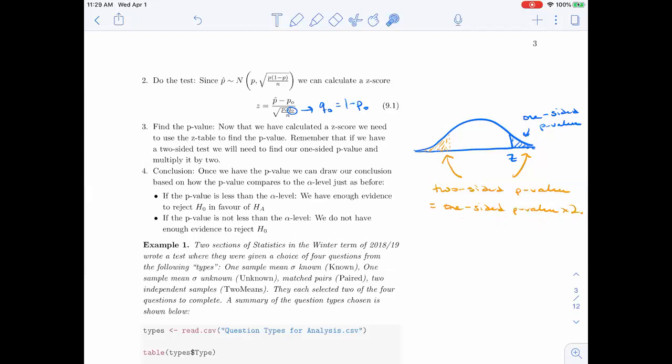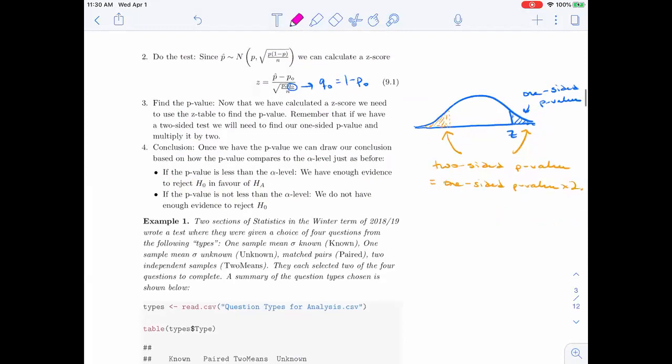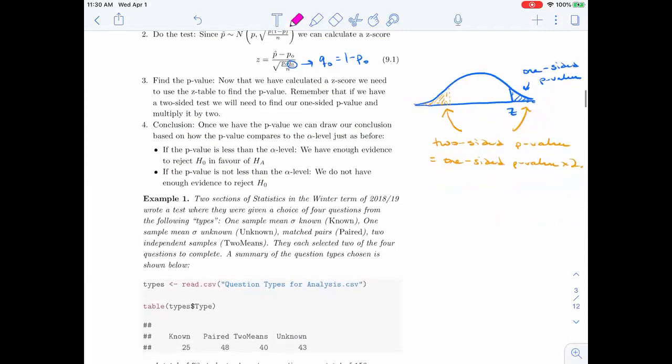Once you have your p-value, then your conclusion stays the same. If the p-value is less than the alpha level, whatever it is, usually 0.05, we have enough evidence to reject H0 in favor of HA. If the p-value is not less than the alpha level, we do not have enough evidence to reject H0. If it is less, we have enough.